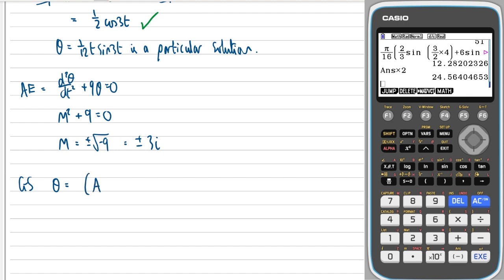Then it gets multiplied by a cos of the imaginary part, which is 3t, plus b sine 3t, and then we can add on the particular integral, which we've already been told, we've already proved works, which is 1/12 t sine 3t. So that is the general solution.